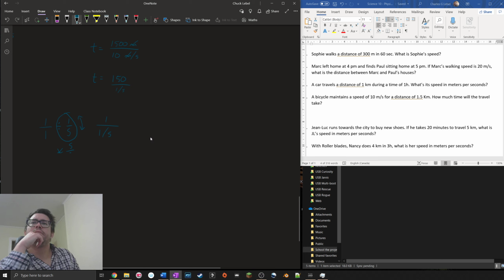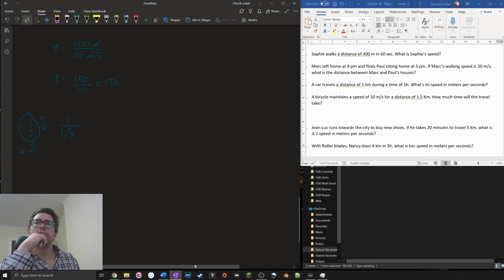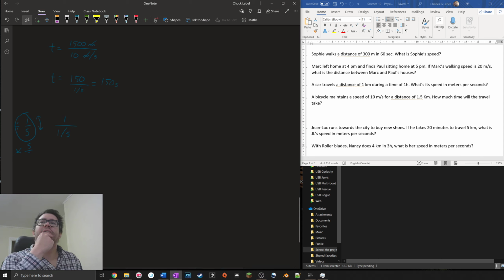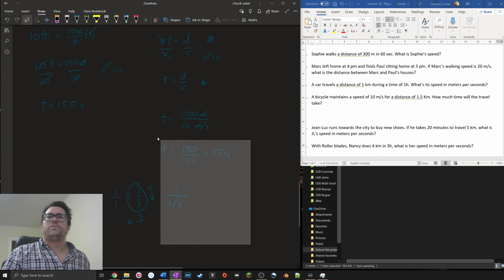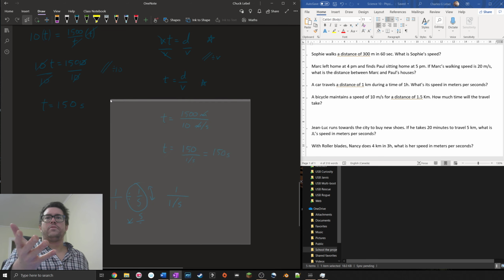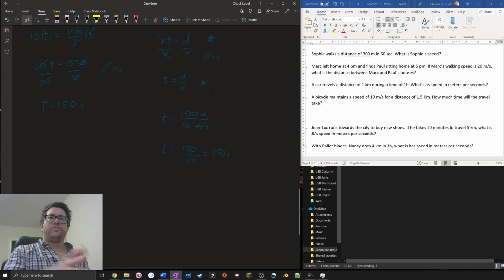So this is the same as 150 seconds. When you divide by 1/second, the second actually goes on top. Okay, so you can see how it's a little cleaner in terms of work.